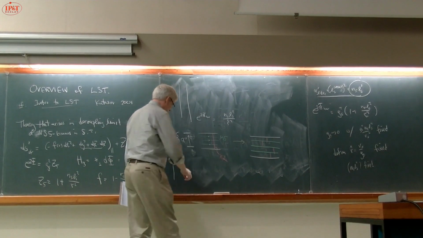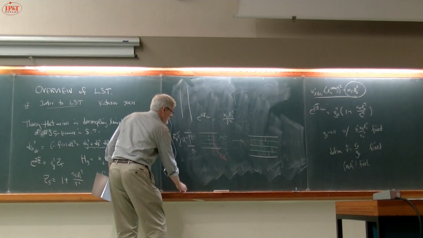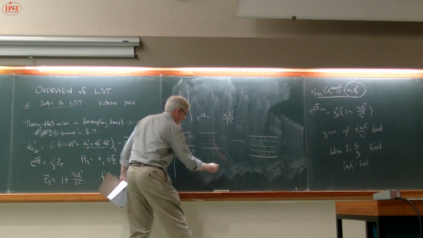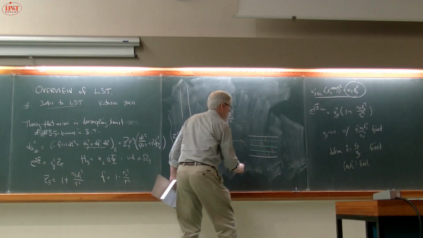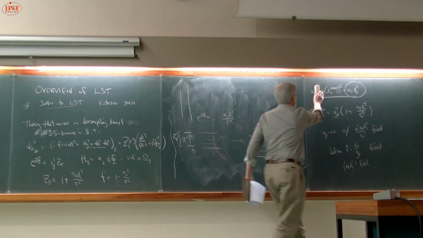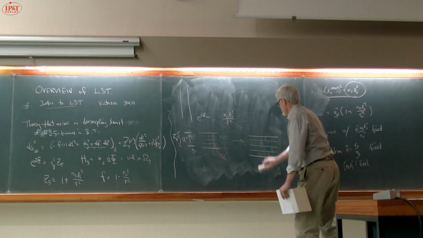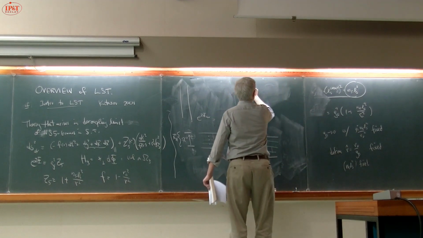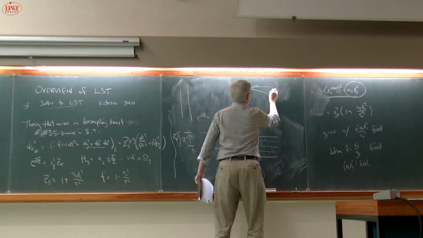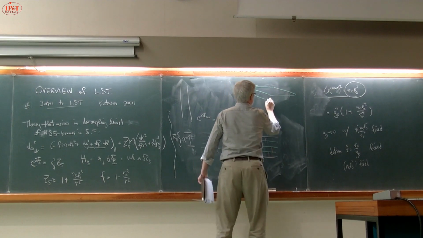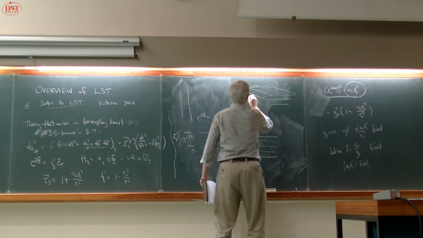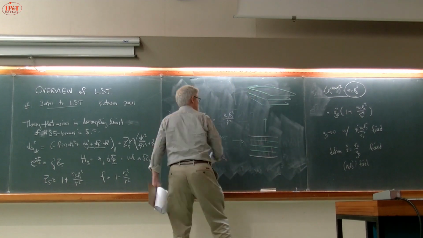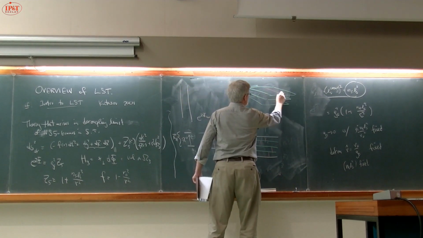Right? So if I add now the longitudinal directions along the M5, what's the picture? Let's do it up here. So our M2 branes are little strips.